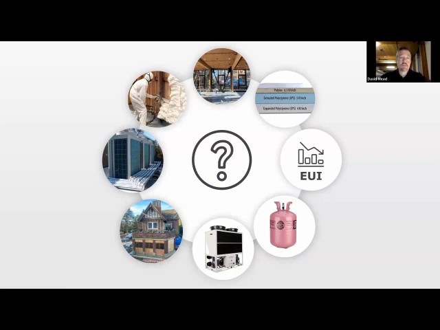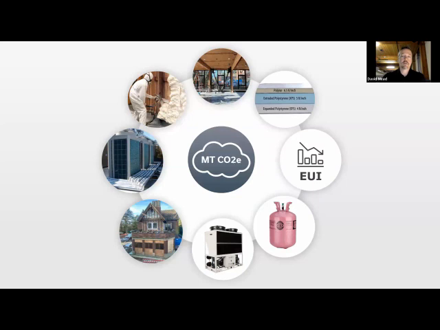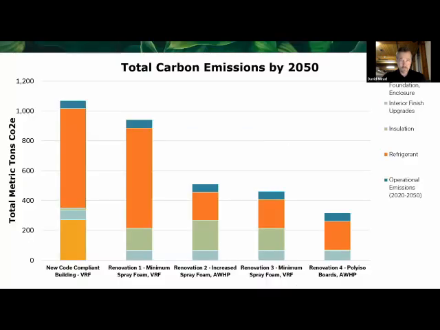Like, what's the energy use of a can of refrigerant, right? What's the energy use of spray foam? There isn't really a way to track that. But when you look at it in terms of carbon pollution to the atmosphere, you can actually measure each one of them and start to have an iterative process to understand design options.